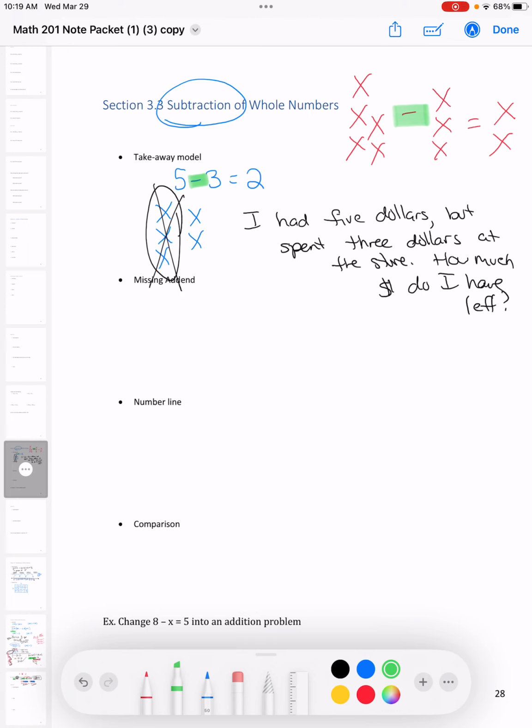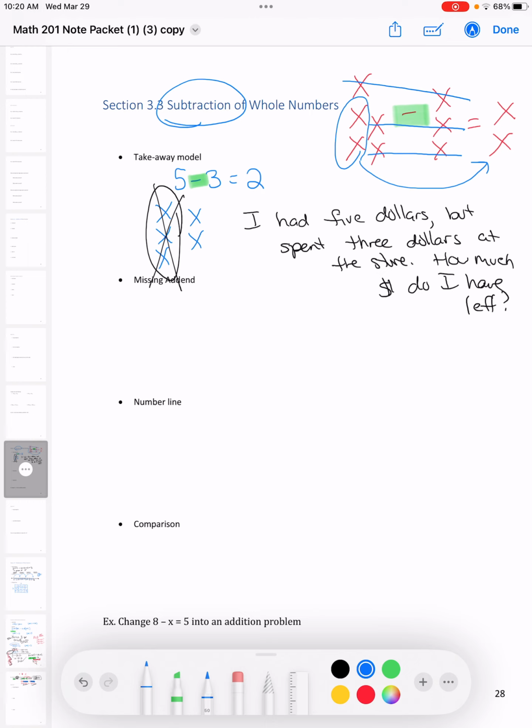For the takeaway model, visually, to show a takeaway model, you have to cross things out. You have to cross out those X's. If you really wanted to show that subtraction, you could go through and kind of pair some of these guys up, and we can see we're left with 2. But in takeaway model visually, you've got to actually get rid of, cross out some of your items. I just used X's here. You could have little fish or flowers, hearts, whatever you wanted, but you have to get rid of them.